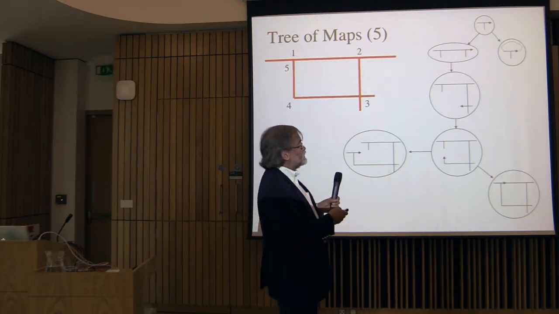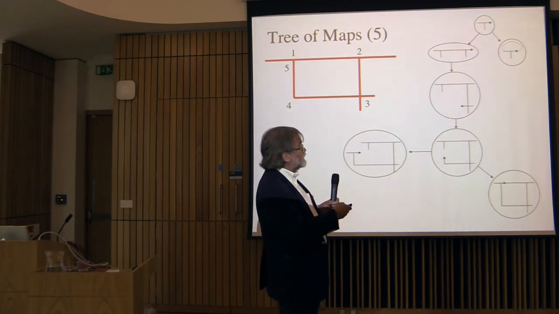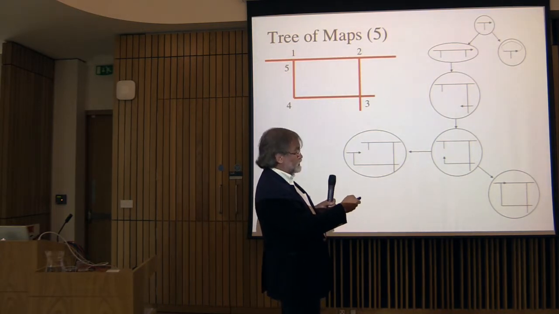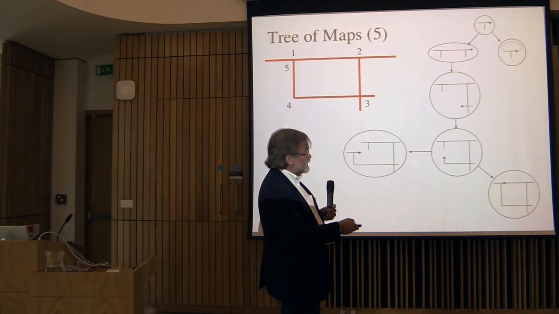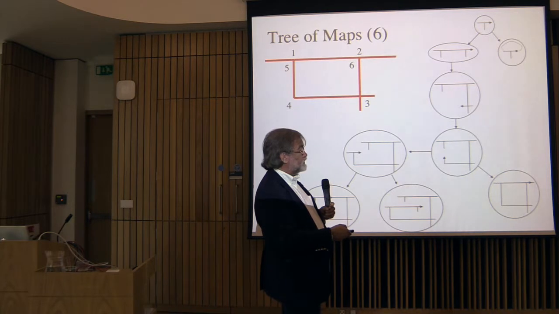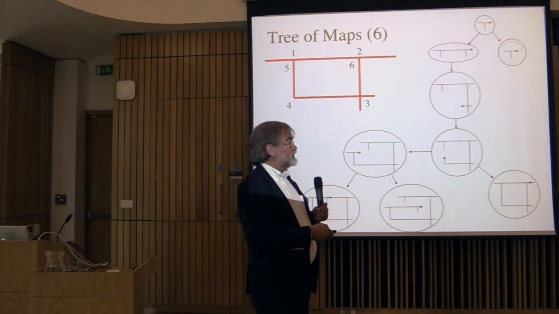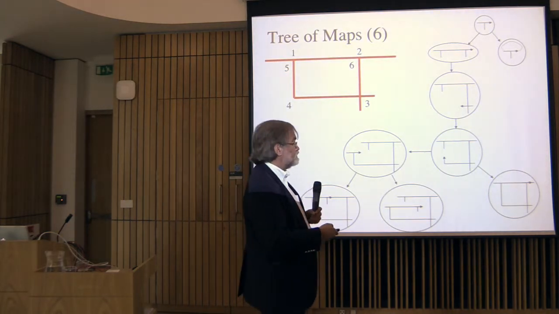So now the issue is we're going to follow place 5, and the next thing we're going to observe is another T intersection. First thing I'd like to draw your attention to, within this map, you can see the arrow is at place 5, and so we go one step further and the arrow is over here. So this map is perfectly consistent with the observation, and so it simply stays there.